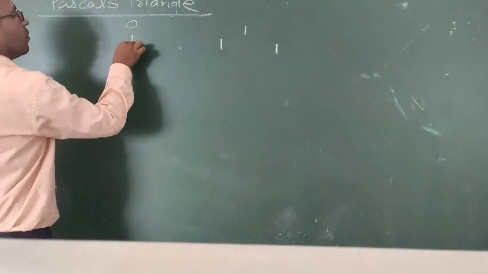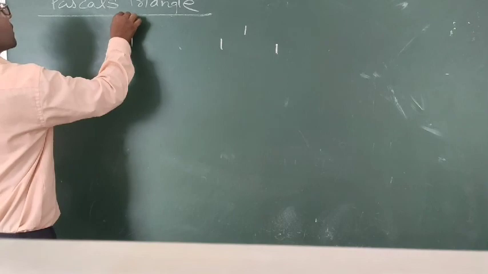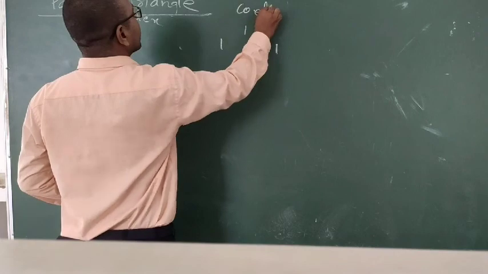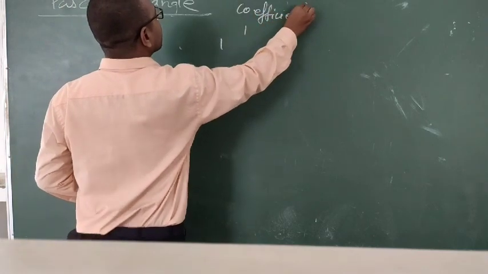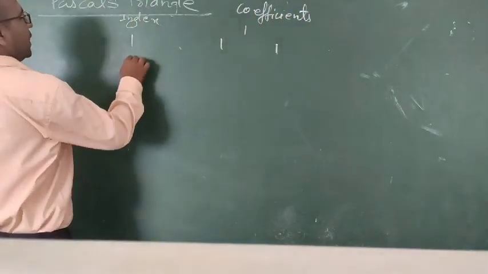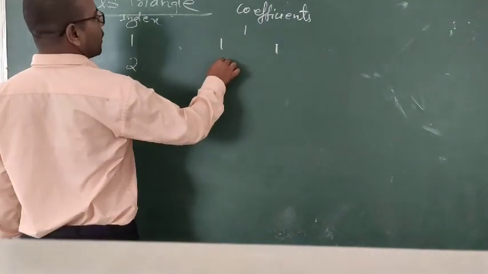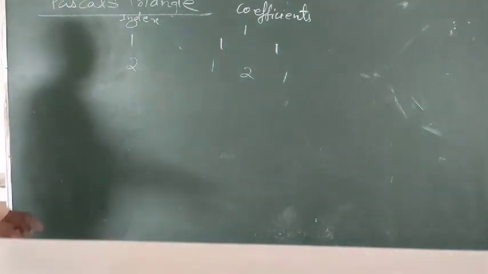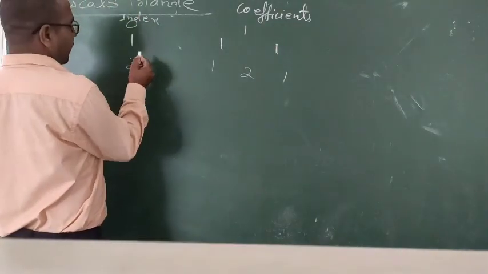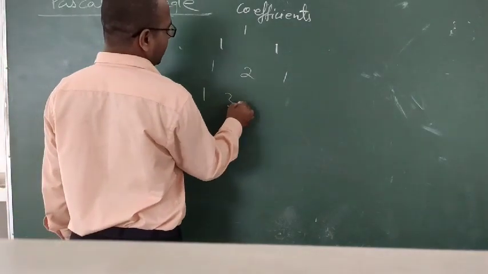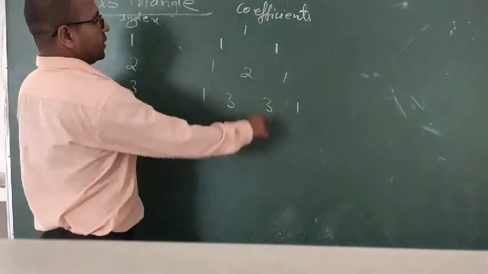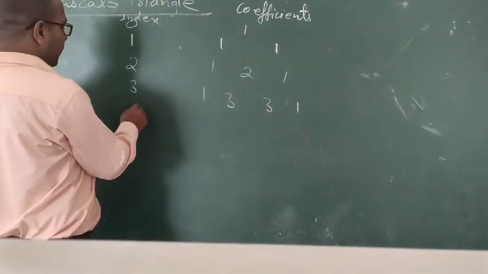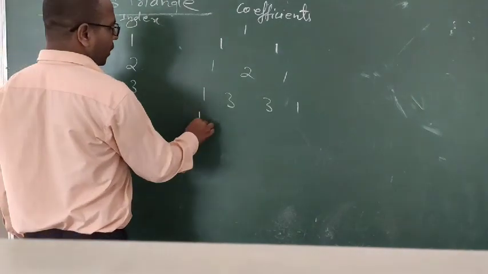So this is the place of index, and this is the place of coefficients. If we are taking index 2, you will get here 1, 2, 1. It will be in the form of a triangle. If we are taking index 3, you will get 1, 3, 3, 1. It is in the form of a triangle. Check it. Pascal's triangle. So again 4.